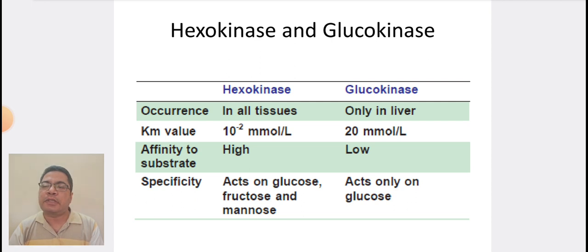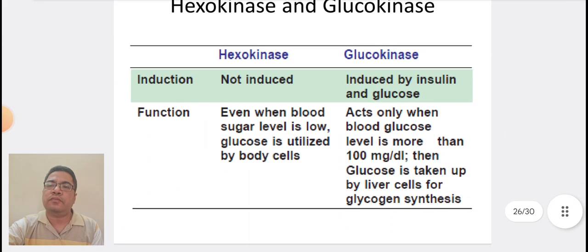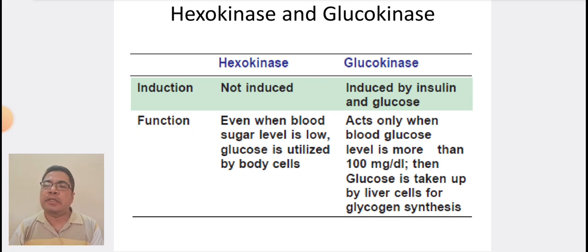Regarding specificity, it acts on glucose, fructose and mannose in case of hexokinase, whereas it acts only on glucose in case of glucokinase. Regarding induction, it is not induced in case of hexokinase, whereas it is induced by insulin and glucose in case of glucokinase.